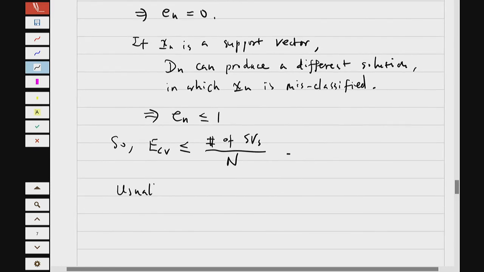That's because we know that ECV, the cross-validation error, is a good approximation for the test error, right? If the cross-validation error for SVM is usually very small, then we know that the test error for SVM is usually very small when n is large, yeah?